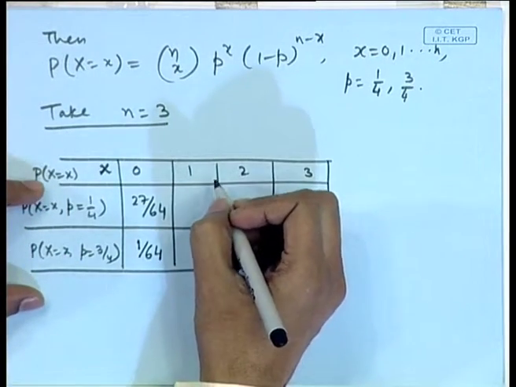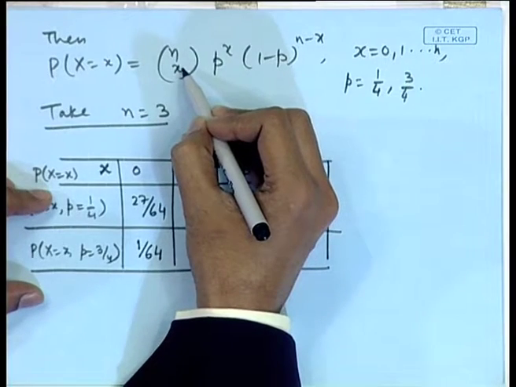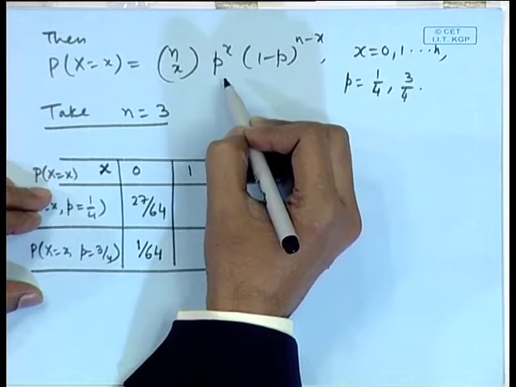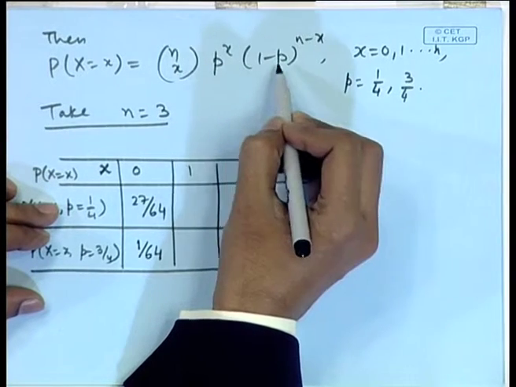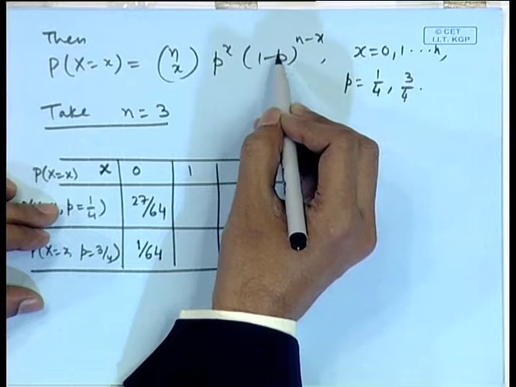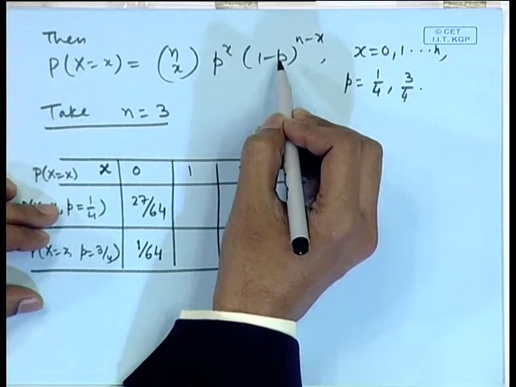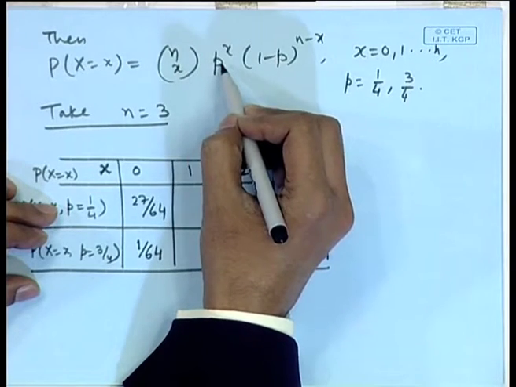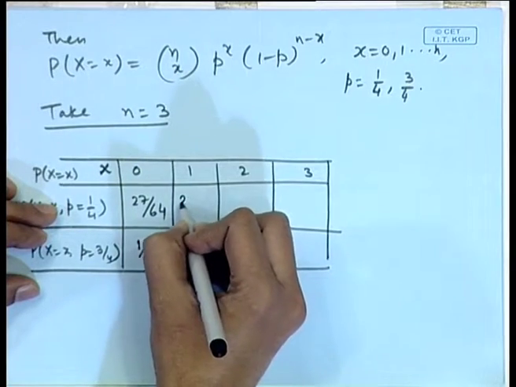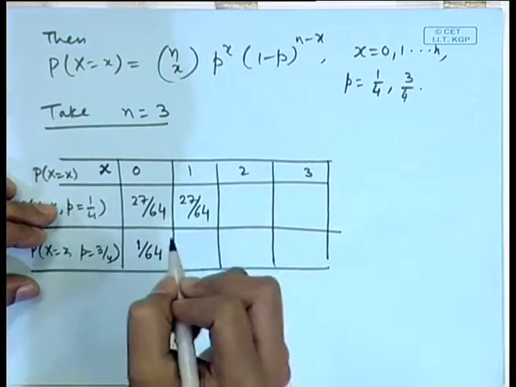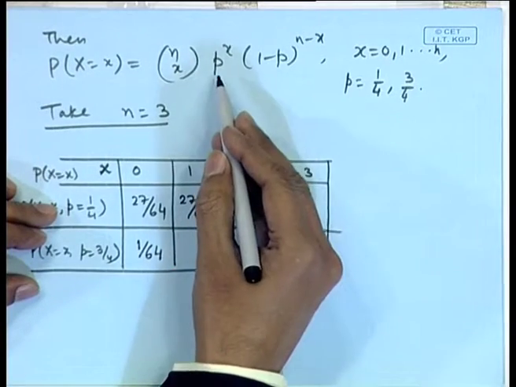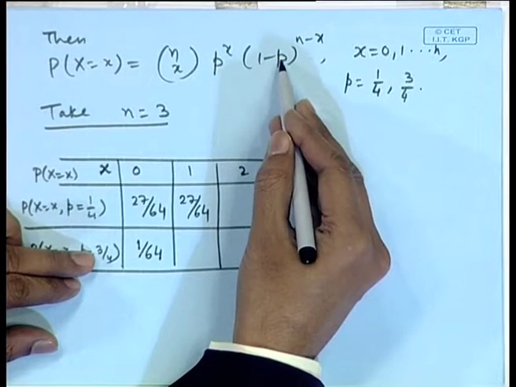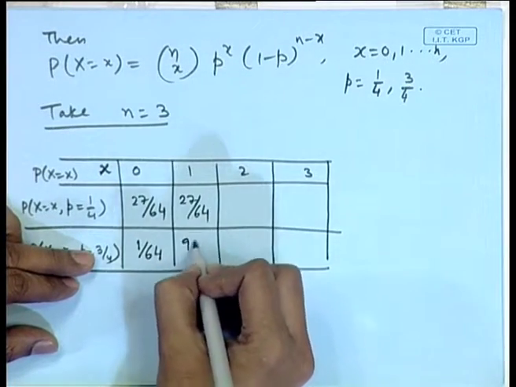What is the probability of X equal to 1? That is 3C1 p (1 minus p) square. When p is equal to 1 by 4, this is 3 by 4 times (3 by 4) square, which is 9 by 16, times 1 by 4, so it becomes 27 by 64. Whereas when p is equal to 3 by 4, this is 3 by 4 times (1 by 4) square, so it becomes 9 by 64.